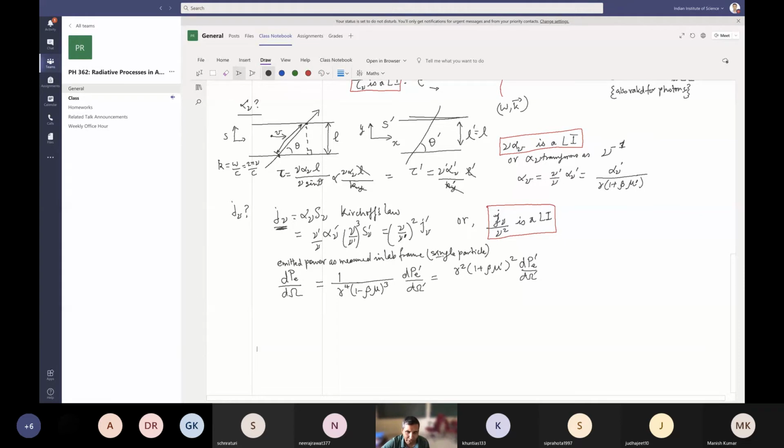Now this is for a single particle. What is J nu? J nu is equal to the number density of the particles, so this is number per unit volume of emitters, times this. So this was what? This was erg per second per steradian.